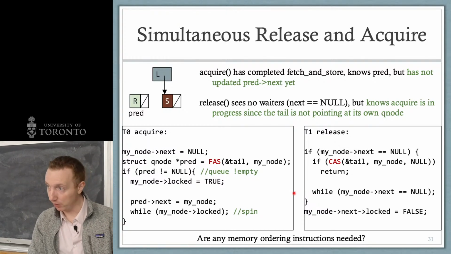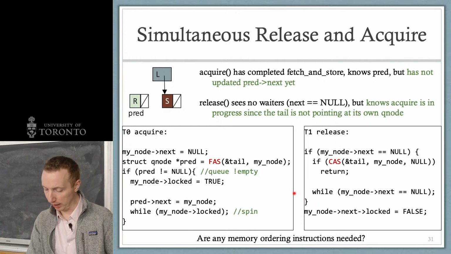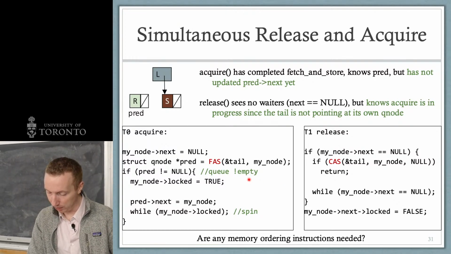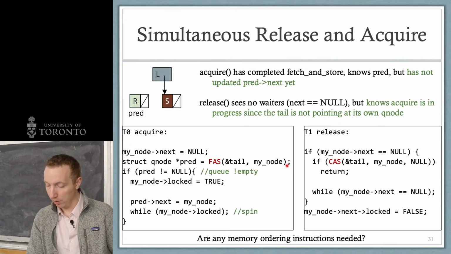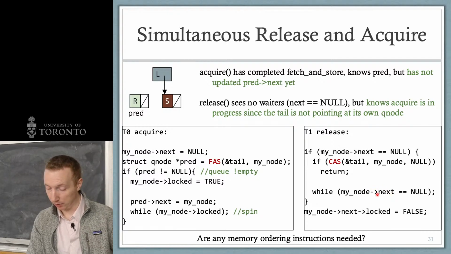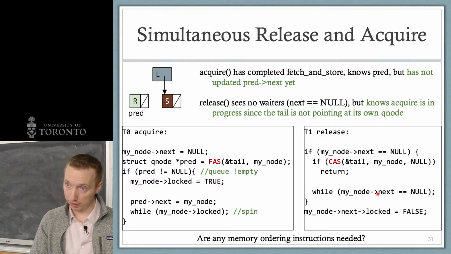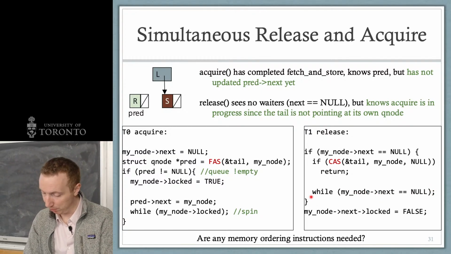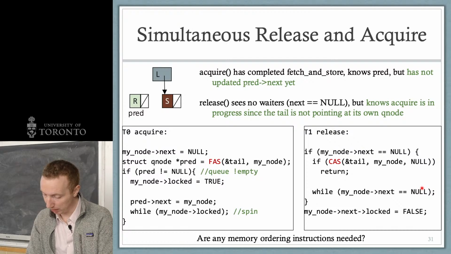And the answer is essentially yes. If I know that the queue is not empty and I need to update something else, then in release I have to wait until it actually goes ahead and updates my next. This is the thing I need to be worried about in terms of memory ordering.